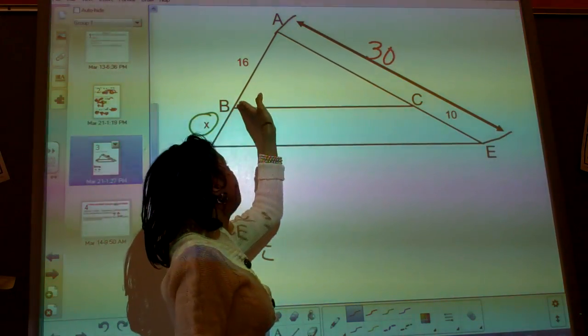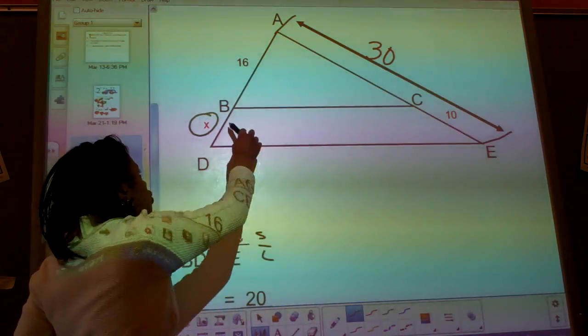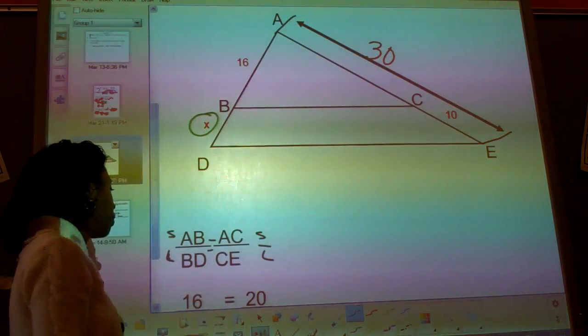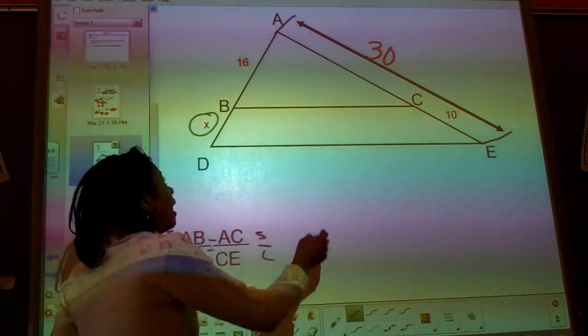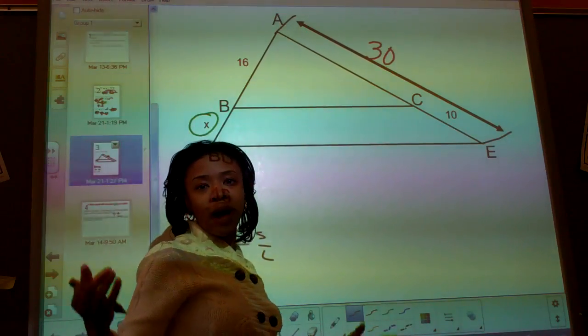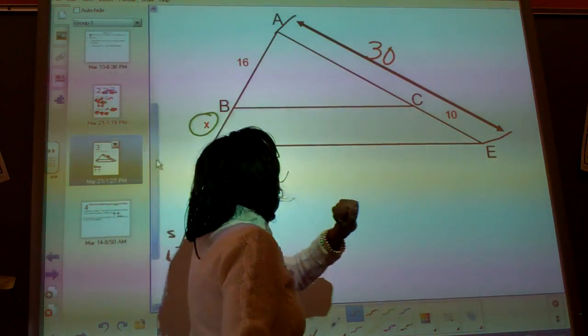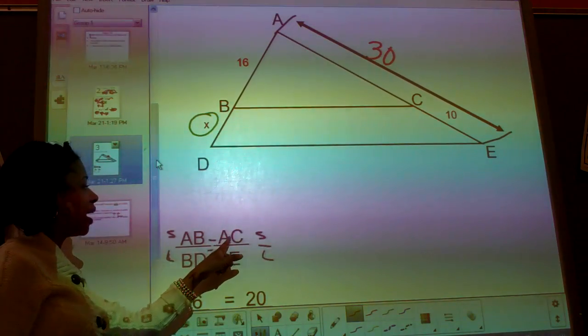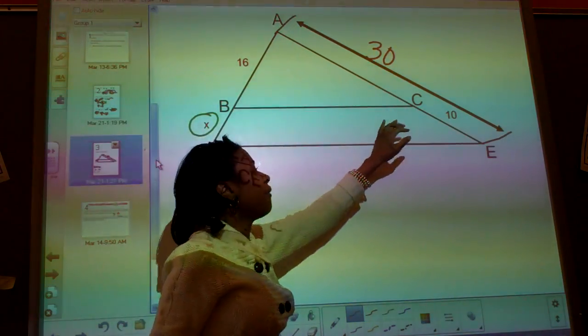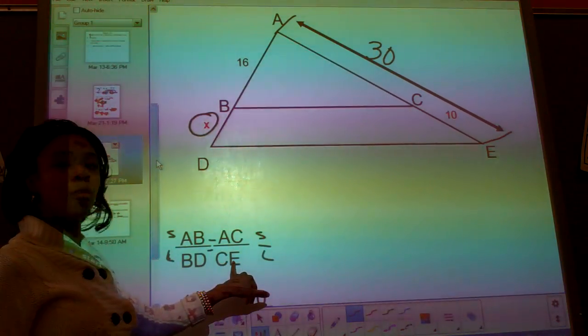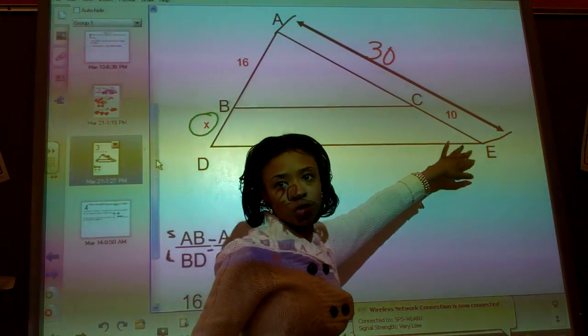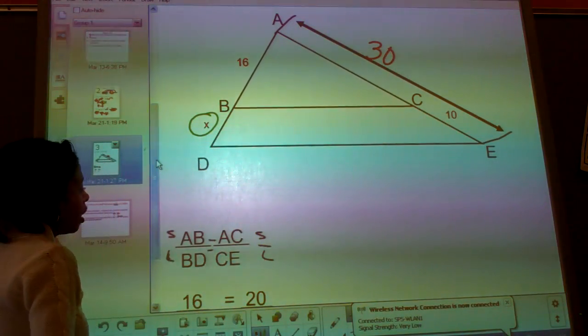So AB corresponds to this section BD on the larger triangle. That means that AC has to correspond to what? CE on the larger triangle. Okay? So that's why I have AC, and I have it over corresponding to the little bitty small portion CE on the larger triangle. Okay?